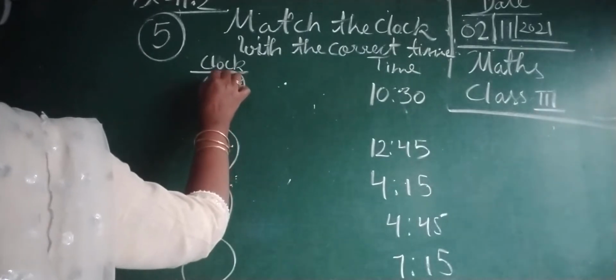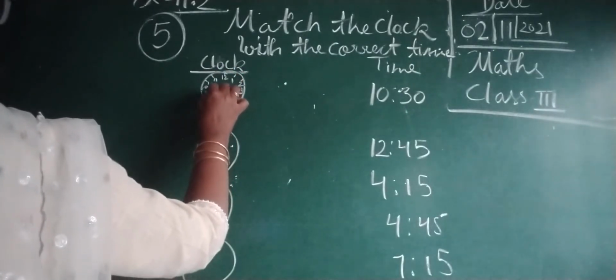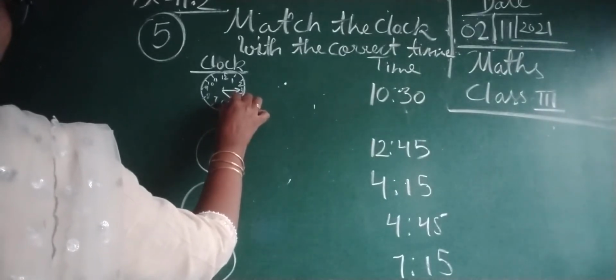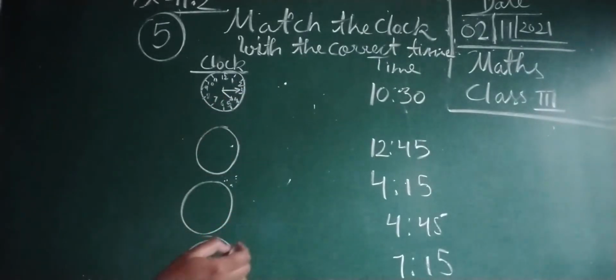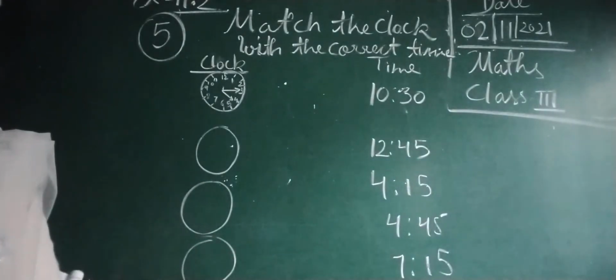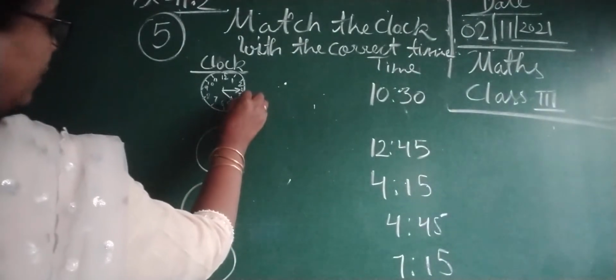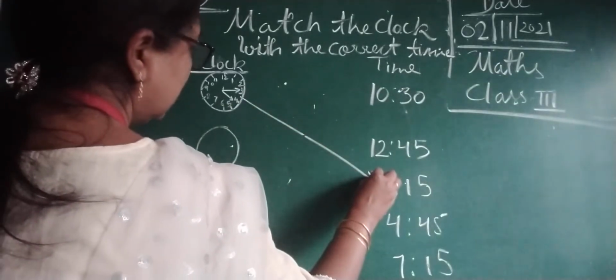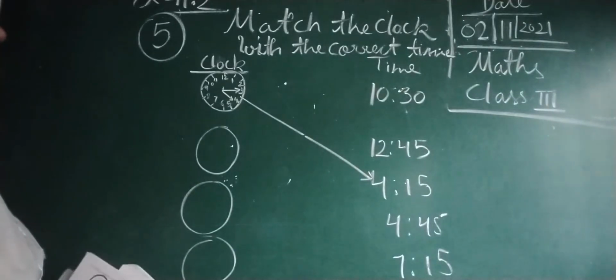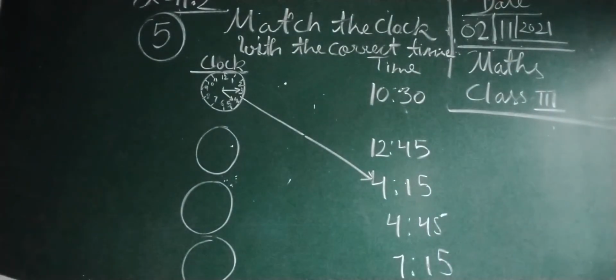And here 11, 10, 8, 7, this is 6, 5 and 4. So this is 4:15. So just match it with 4:15 because this is 4:15. It means this is 4:15.